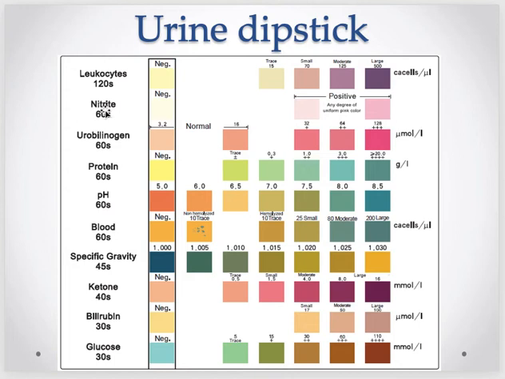But remember, guys, gram positive bacteria cannot convert nitrate to nitrite. So anyone with a gram positive infection will have leukocytes positive, but this one will be negative. So this is a very, very important thing to check.